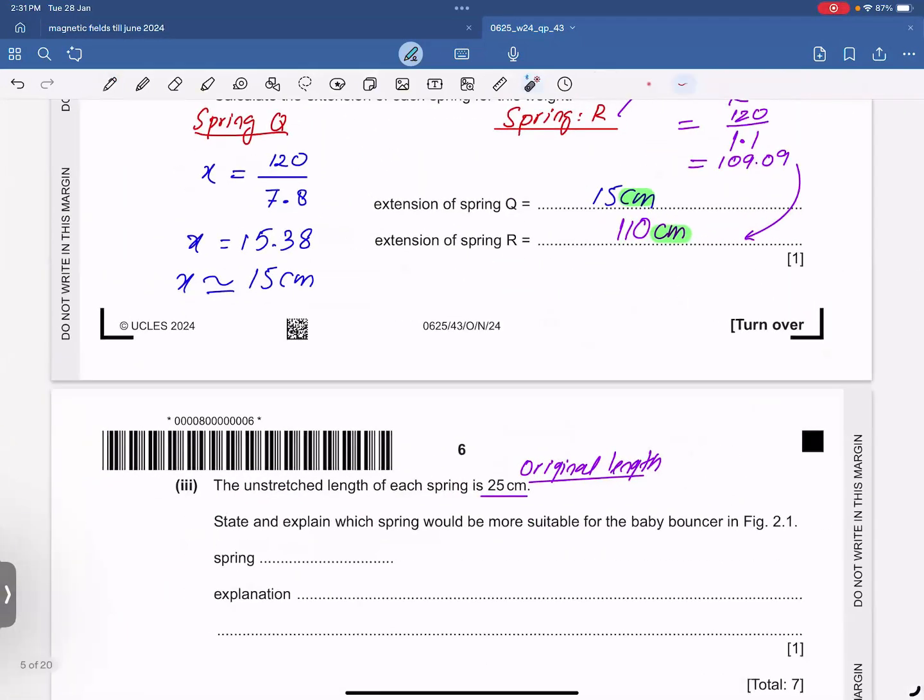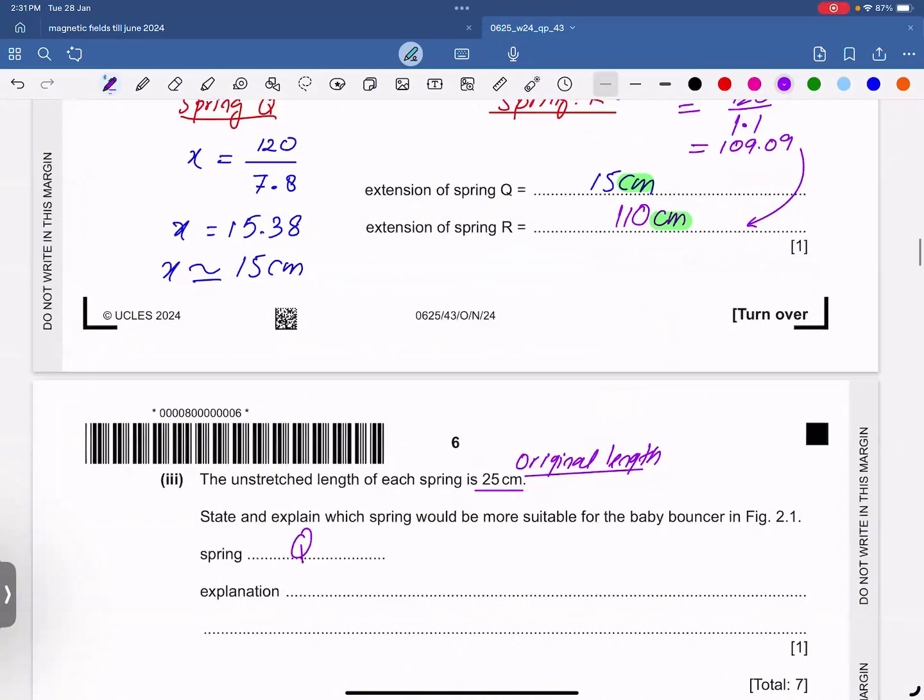Now you go back and the extension in first spring Q is 15. The second spring is 110. This 110, if you compare with 25, it is much more. So R is not suitable. So which one is suitable?